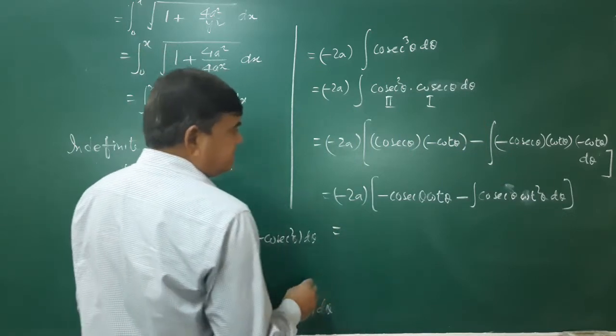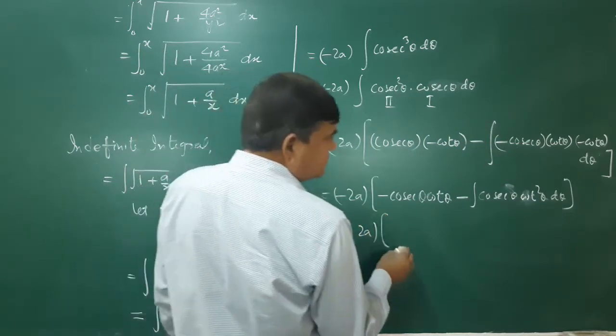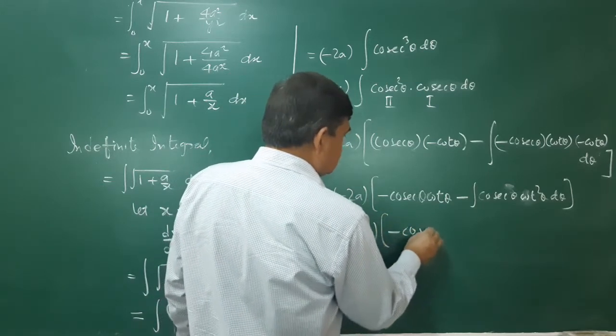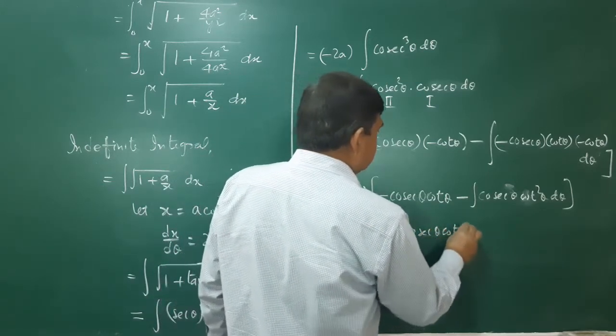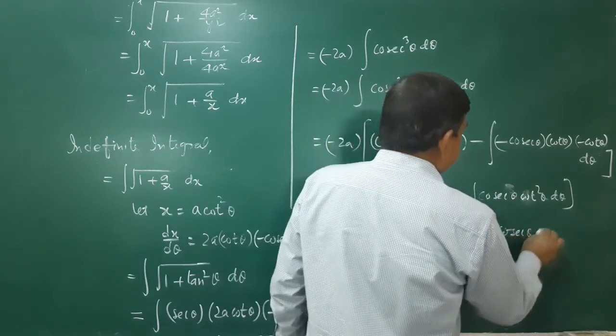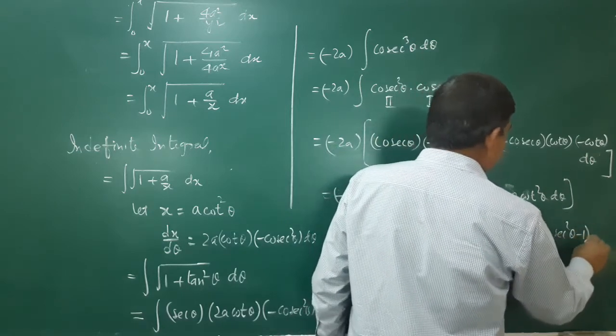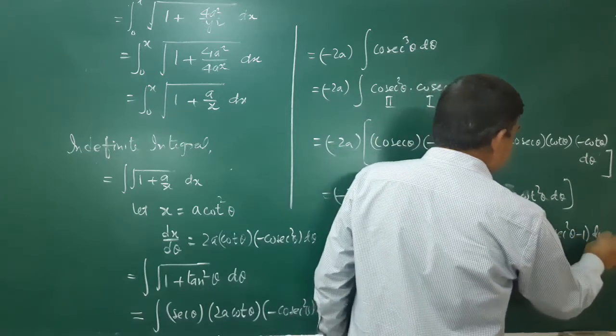This is minus 2a, minus cosec theta cot theta, then cosec theta cot square theta is cosec theta times (cosec square theta minus 1) d theta.